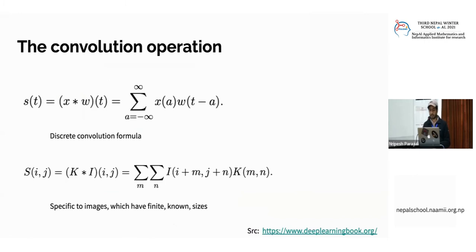So some boring stuff now, but I won't go too deep. We already saw roughly how the convolution operation works. This is the formula for it. I didn't include the formula for the continuous one, if you've seen it in your classes before, but for discrete, it's something like this. Let's just look at the second one, because it's more relevant for 2D images.